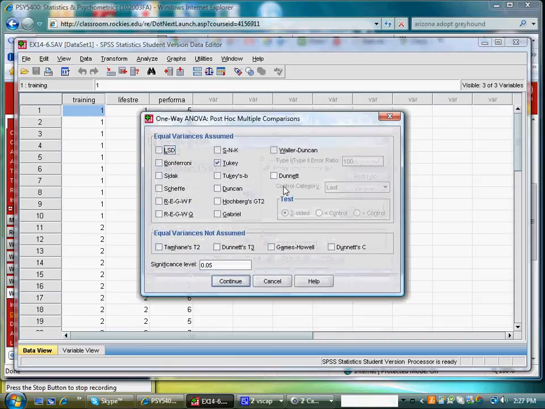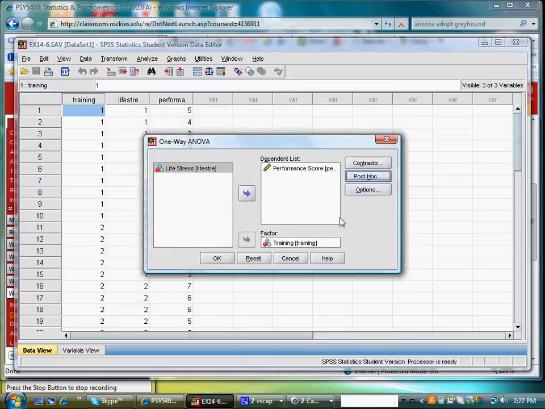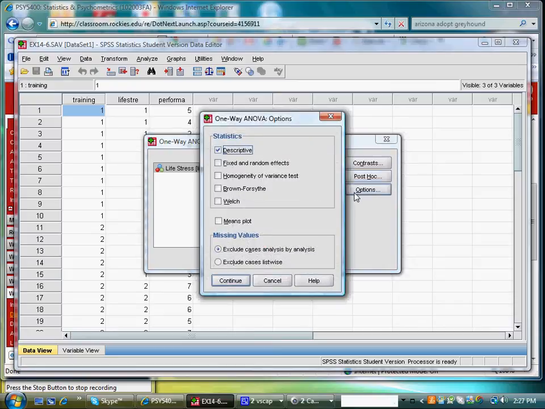So we're going to click post hoc and click on Tukey to get that. As you know, we're going to look at this if we have significant results. If we don't have significant results, we're going to just ignore this. But since we have to say whether we want it here, we'll get it and then decide later whether we want to look at it or not. So that's the post hoc piece.